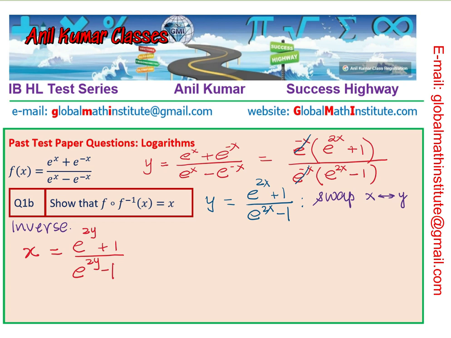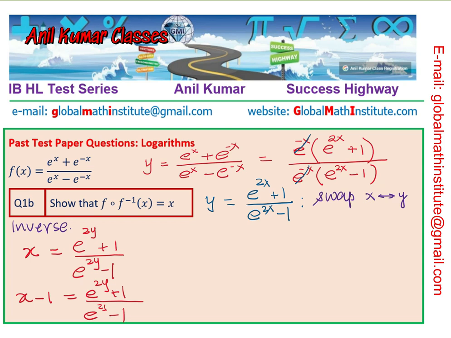Now see what happens when I subtract 1 on each side. So if I do x minus 1, then I get here e to the power of 2y plus 1 over e to the power of 2y minus 1 minus 1.